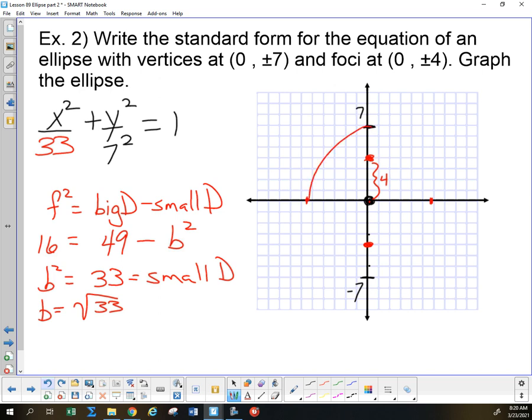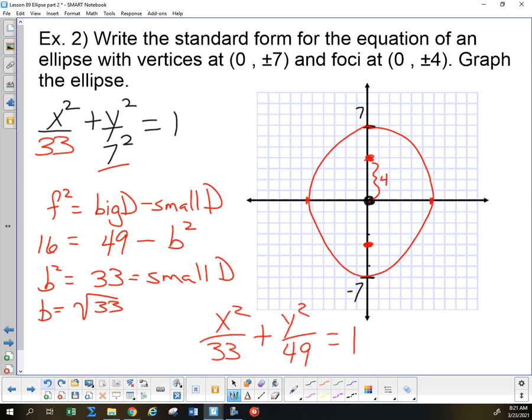Be sure when you draw your ellipse, you do not draw it like the foci are your vertices, but the foci are inside of there. So I need to clean up my standard form so I didn't leave it with a 7 squared, and write it as x squared over 33 plus y squared over 49 equals 1.